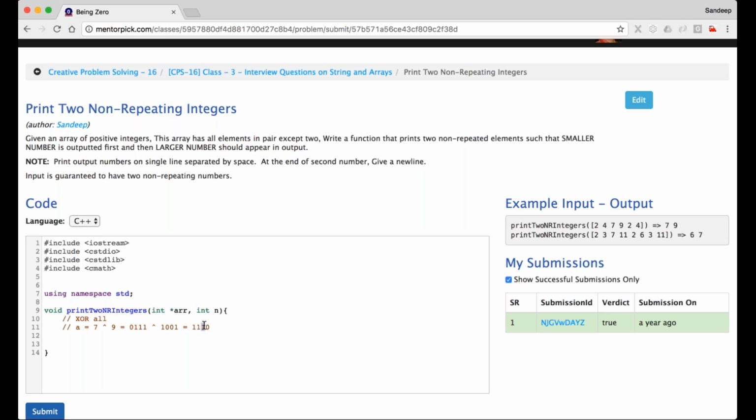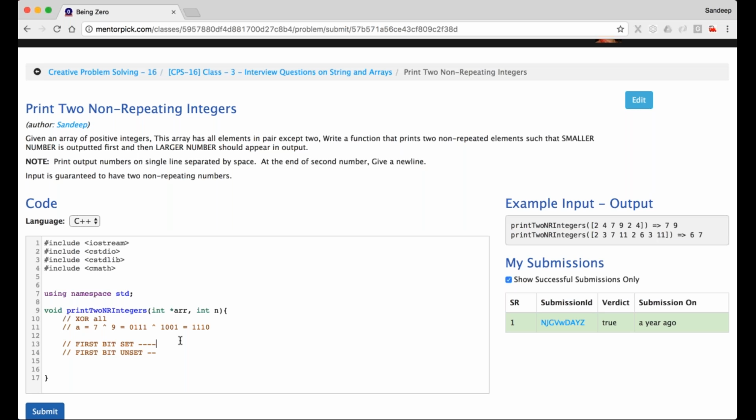Now based on this bit, we try to differentiate all the numbers of the array into two groups: numbers with the first bit set will be one group, where this is the 0th bit and this is the first bit, and numbers with the first bit unset will be another group.